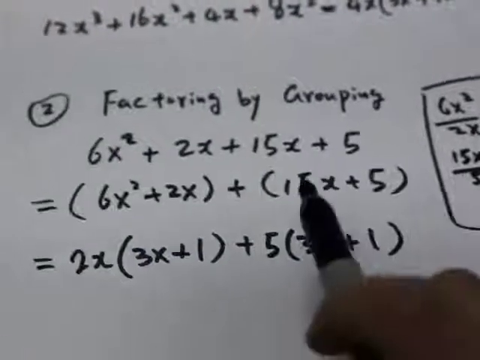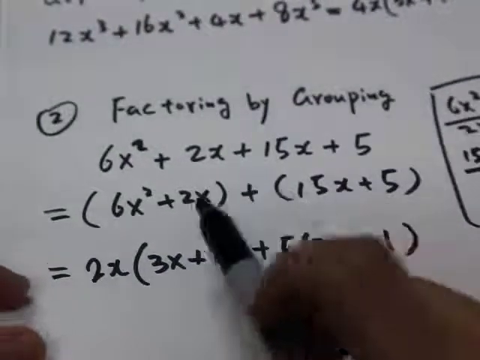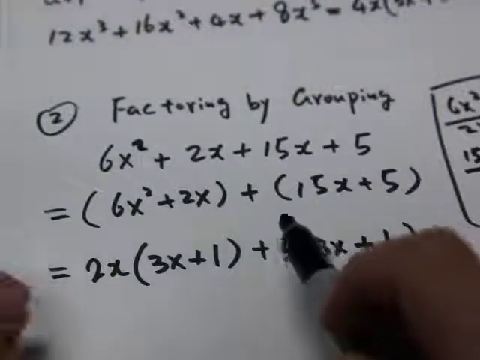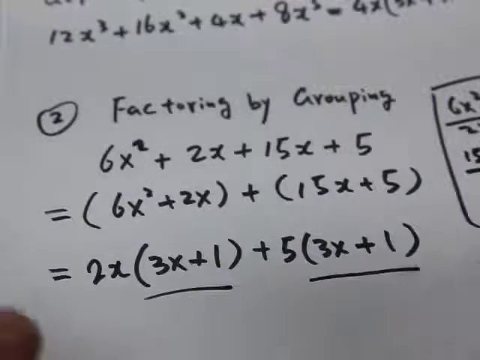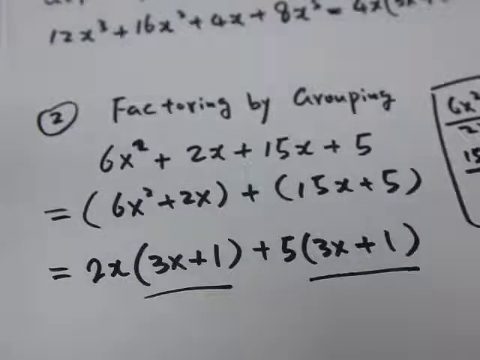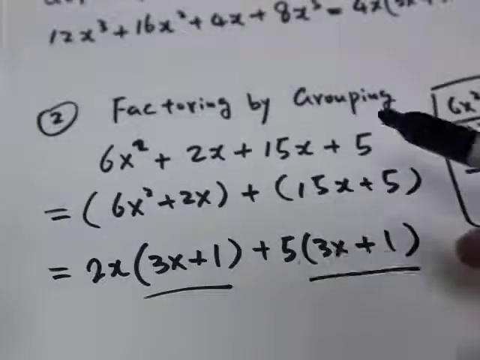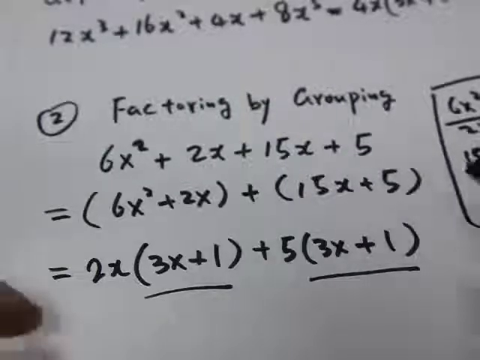And now, remember, after we factor out the greatest common factor, we should have the same binomial. And if you find that you don't have the same binomial, that means you must have done something wrong. So you want to go back and check your previous steps.